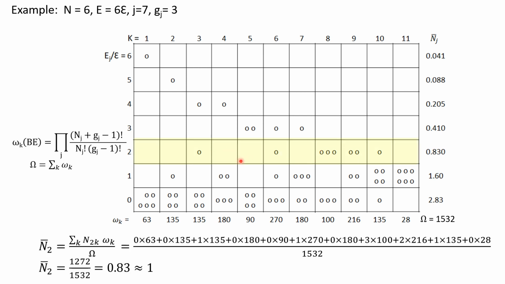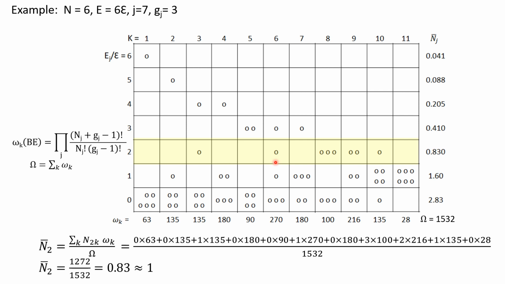If we calculate the average occupation number of level 2, we use this formula, and this comes out to be 0.83, which is nearly equal to 1. So we see that in energy level 2 of the most probable macrostate, the number of particles is 1, which is quite close to 0.83.